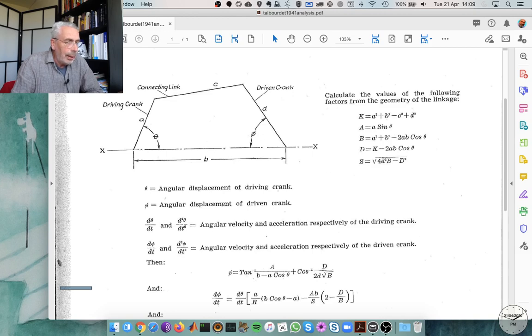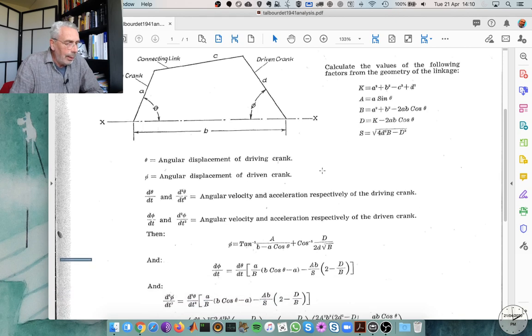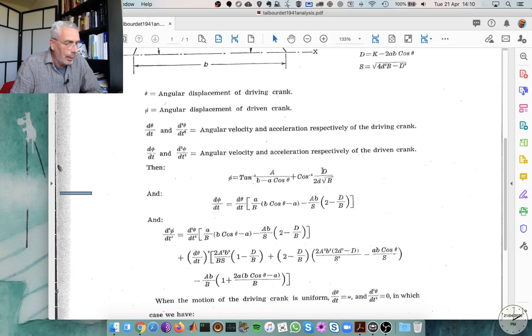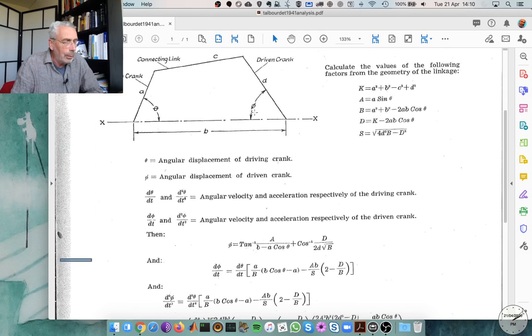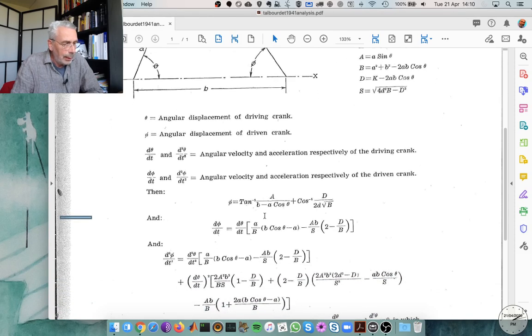And then he comes up with a number of intermediate variables, like A is A sine theta, and then he continues, and then finally, after a lot of arc tangent and arc cosine, he comes to the conclusion what the output angle phi as a function of the input angle theta is, and that's this expression, with arc tangent and arc cosine.